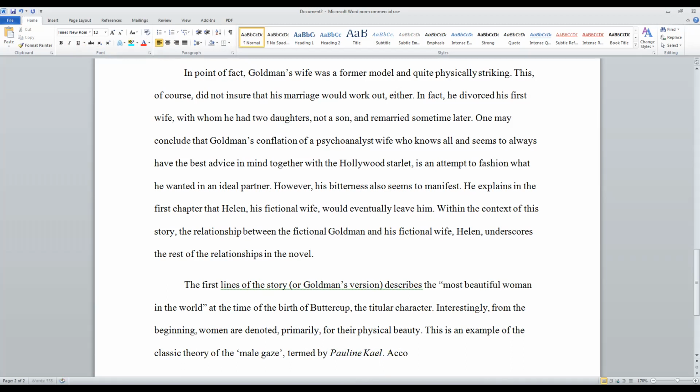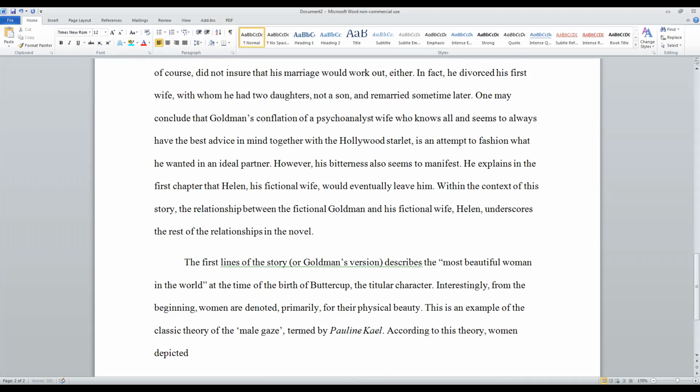According to this theory, women depicted in media are always subject to the way male creators and authors view them.